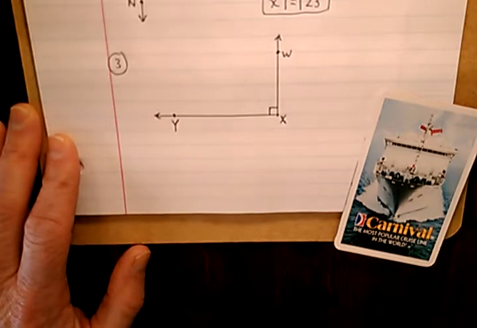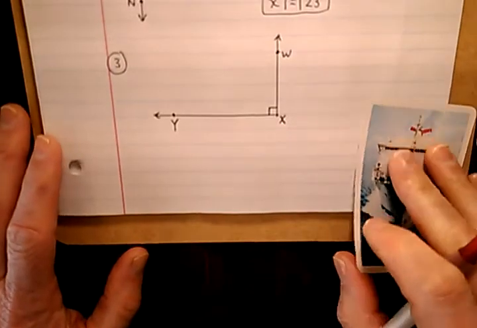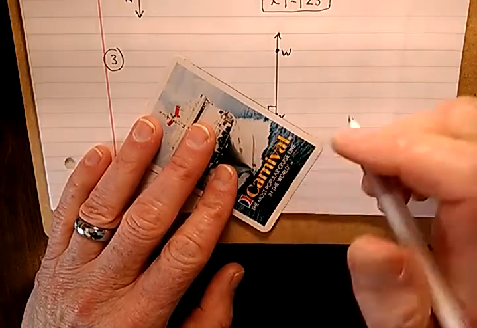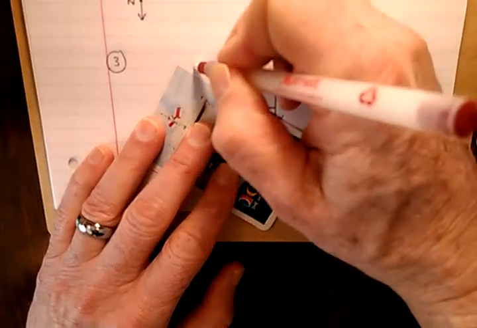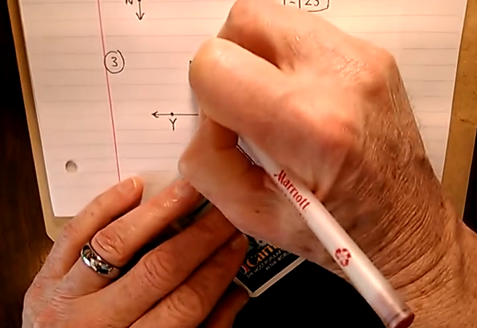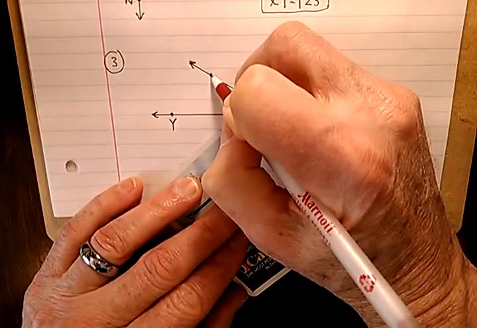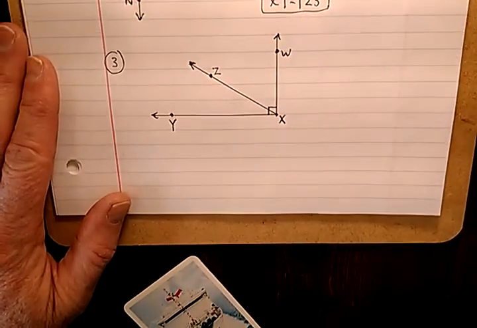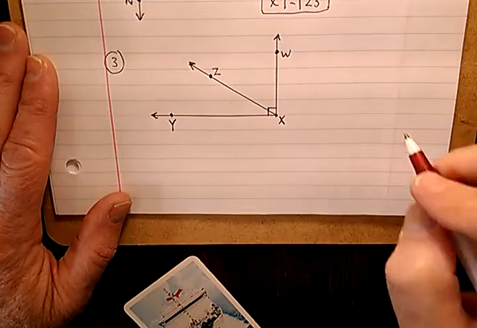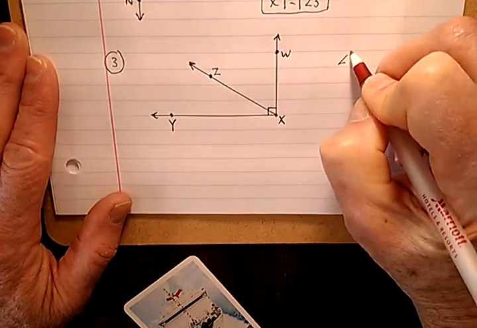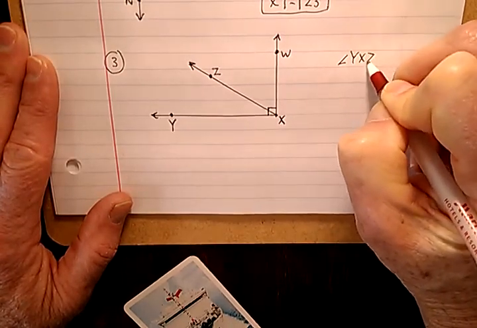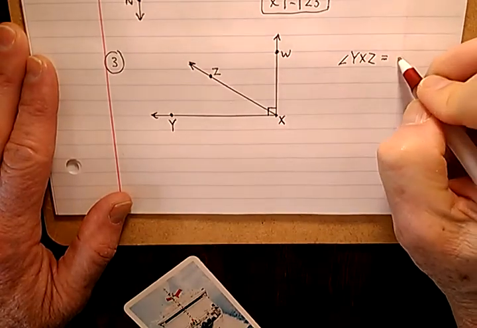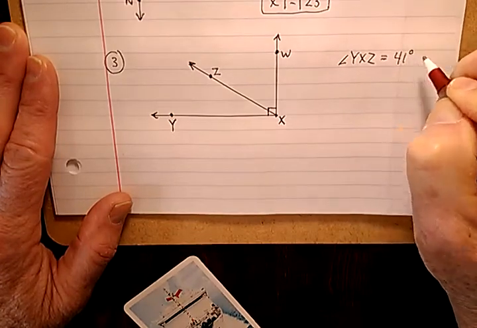Okay, so we need to cut this into two parts. So we're going to draw a line like this. We'll call this point Z. Okay, so we're going to say that angle YXZ equals 41 degrees.